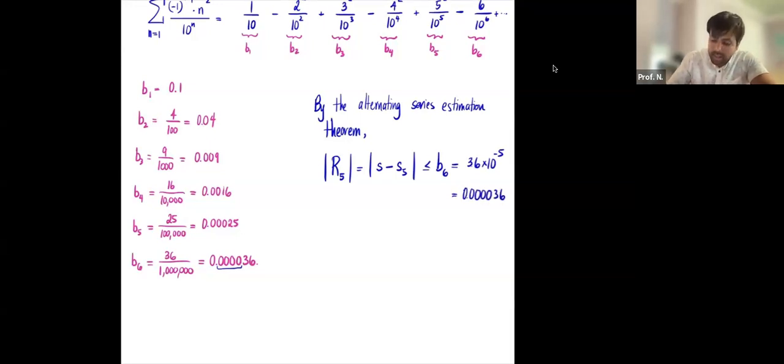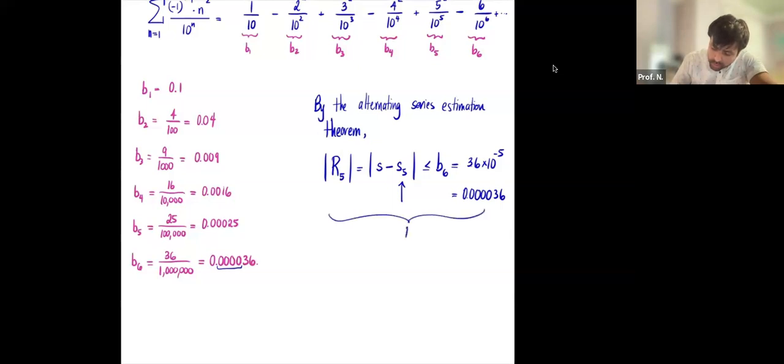This is telling me that if I calculate the first 5 terms of my series, then the difference between that approximation and the actual series is accurate for the first 4 decimal places. That's what we're trying to figure out.